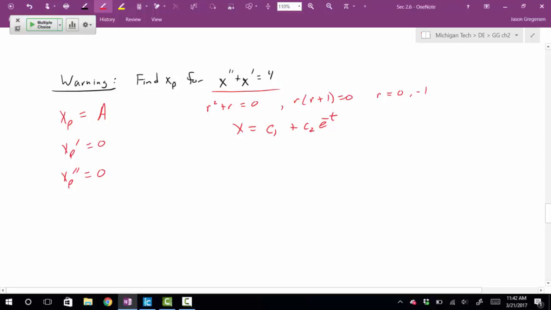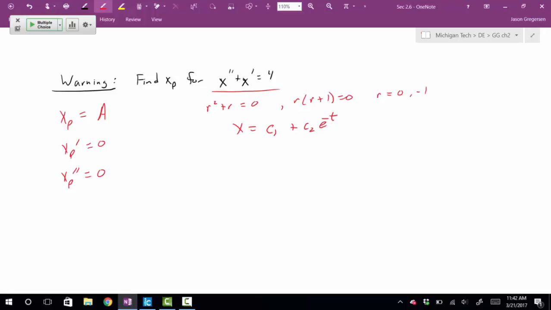So am I surprised that my guess of a constant returned 0 for the left-hand side? Well, no, because it's one of my complementary solutions. If I take a complementary solution and plug it into the left-hand side of the differential equation, it's going to give me 0 every time.